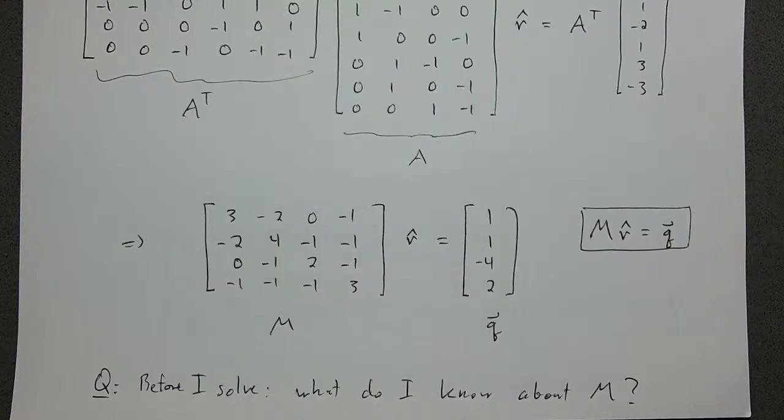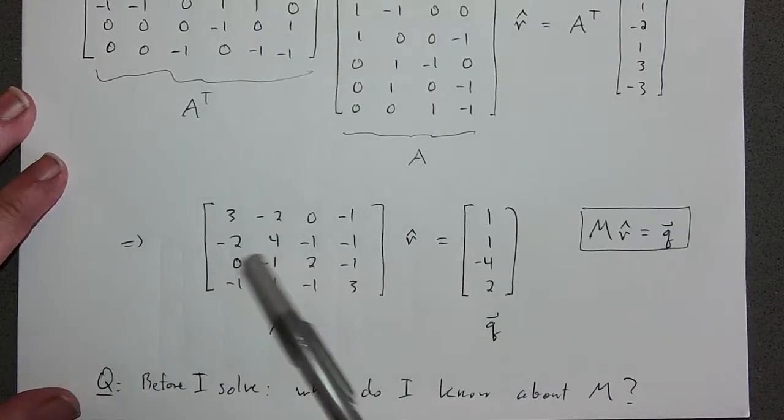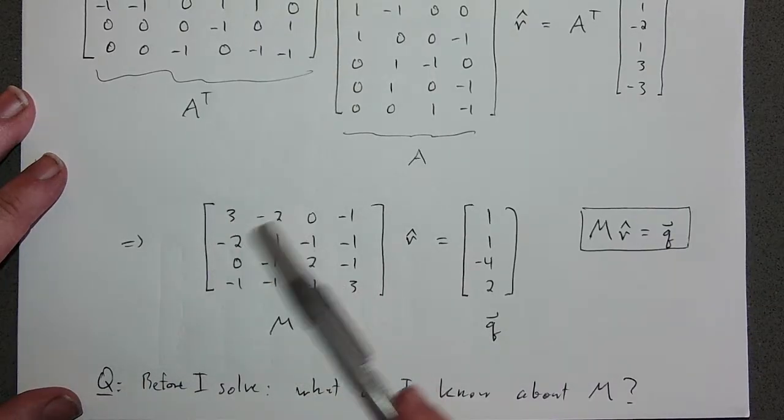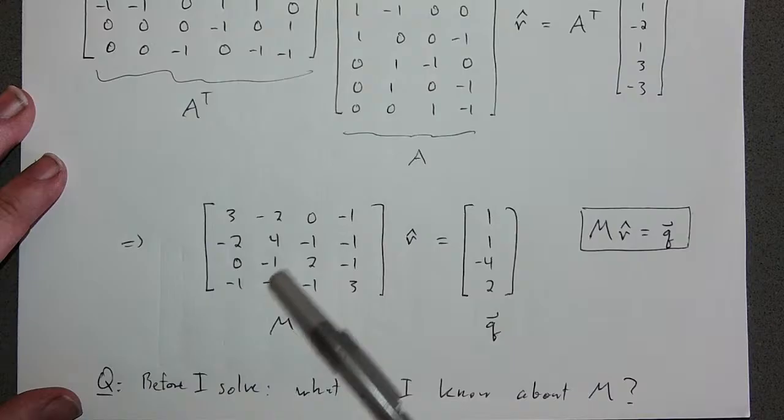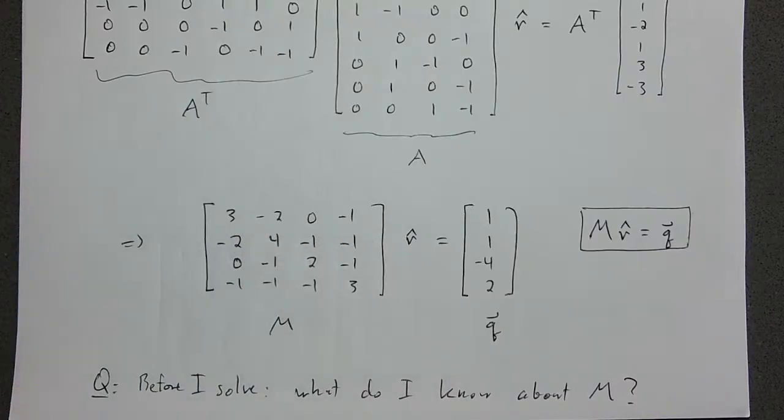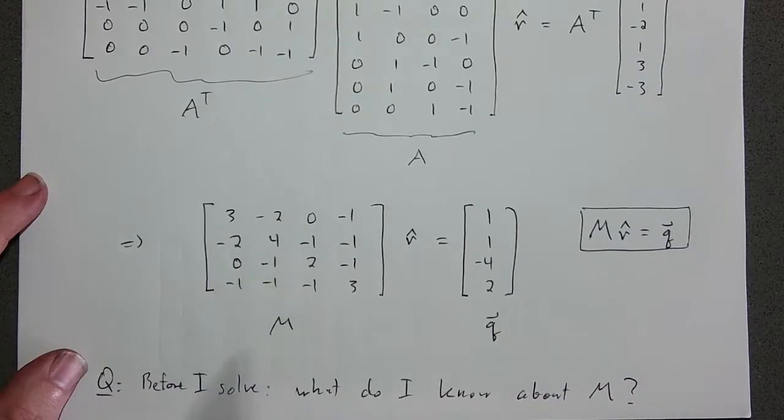Okay, well, if no one notices it, then what I will say is it's symmetric. So notice that across this main diagonal, it's the same entries. What's on the diagonal doesn't matter for a symmetric matrix. The only thing that matters is what's off of it. And the point is that M transpose is equal to M. But there's actually a lot more than that.